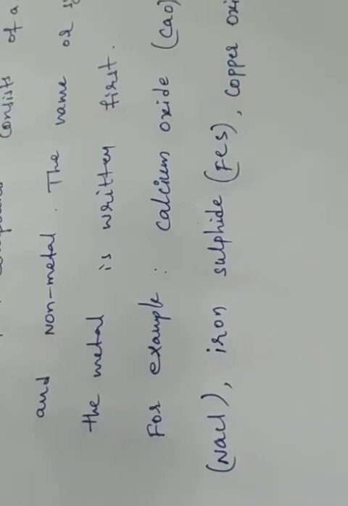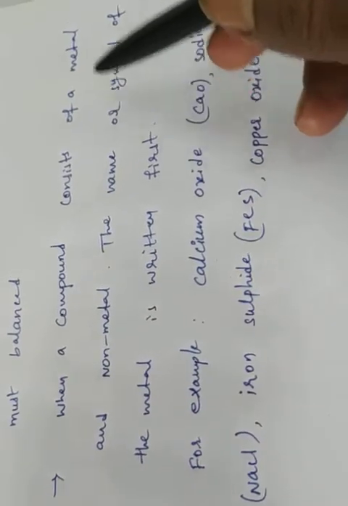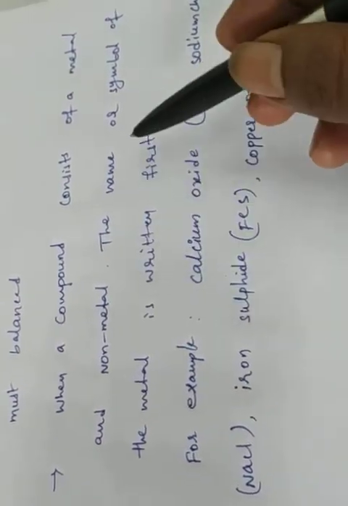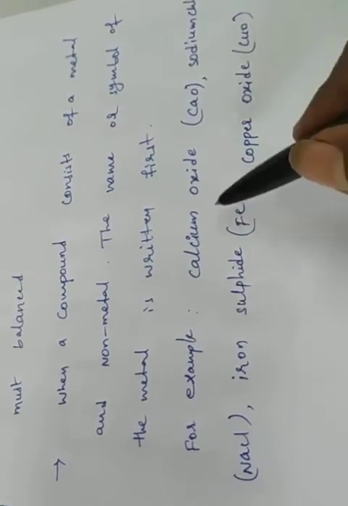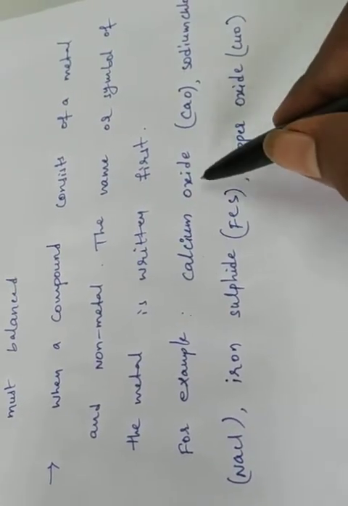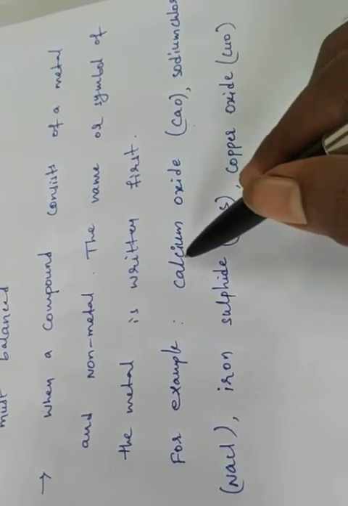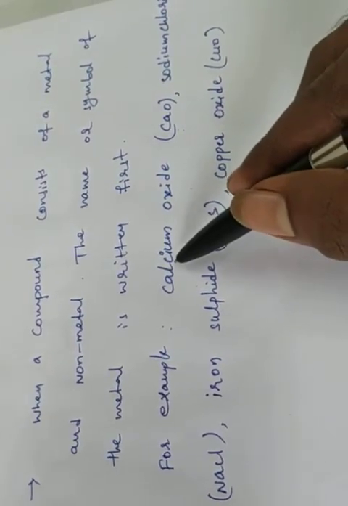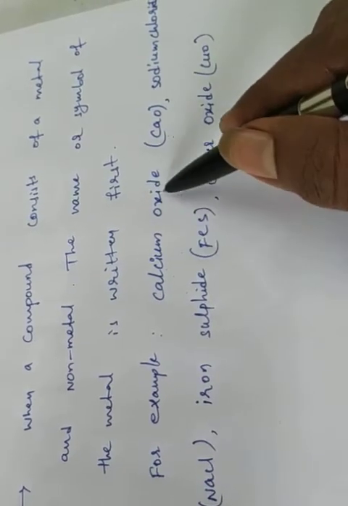Okay, here you have to check: when a compound consists of a metal and non-metal, the name or symbol of the metal is written first. Here calcium oxide is there. Calcium is a metal, oxygen is a non-metal. When we are writing the name, calcium, the metal name, we write first, then after that the non-metal name.